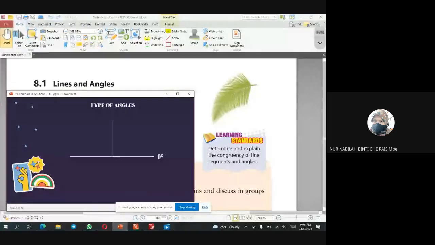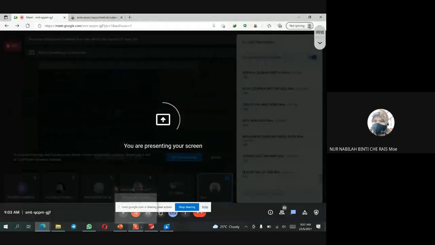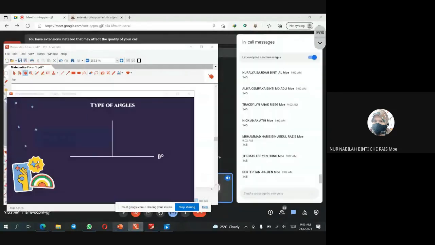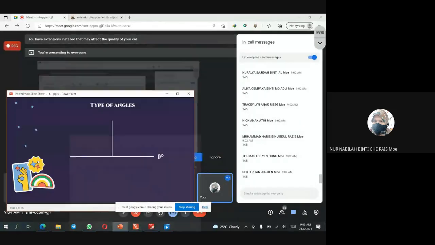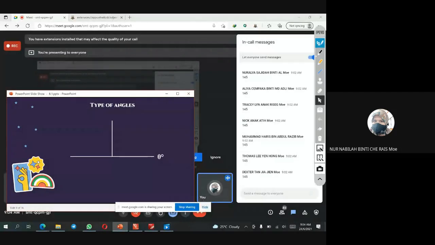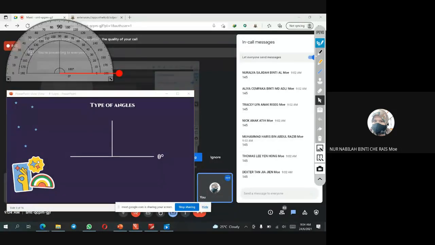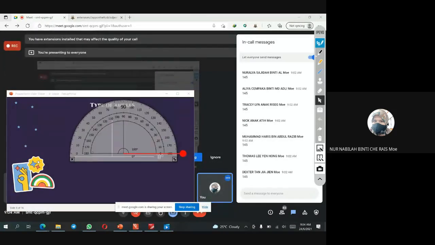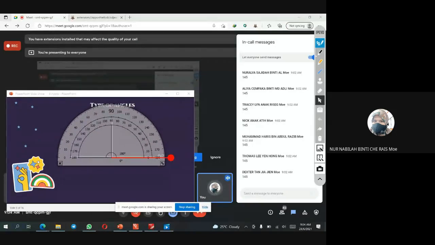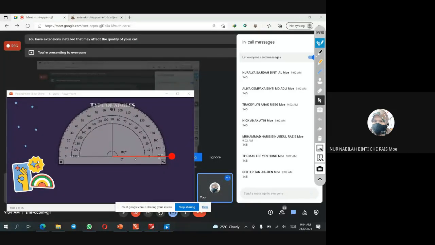Okay, so this is your protractor. So this one, you put this one, let's say like this. So if your angle is between 0 and 90, this is 90.